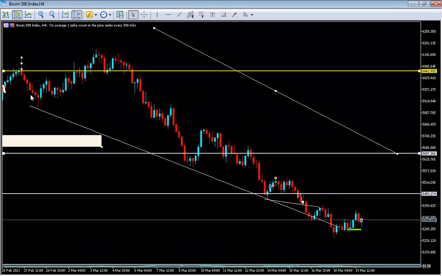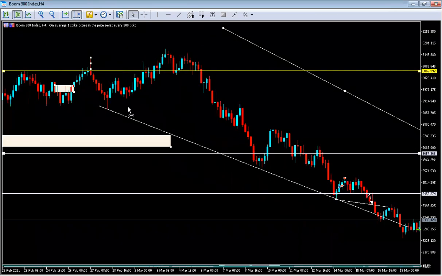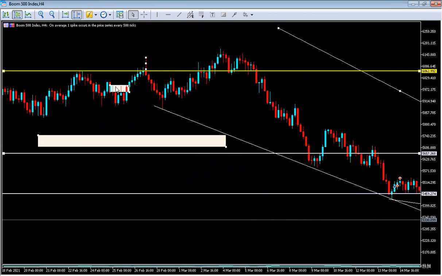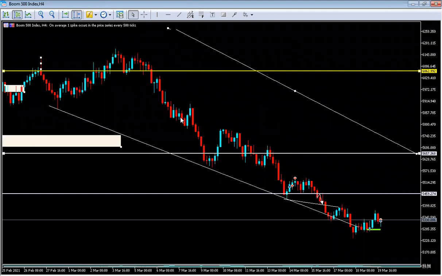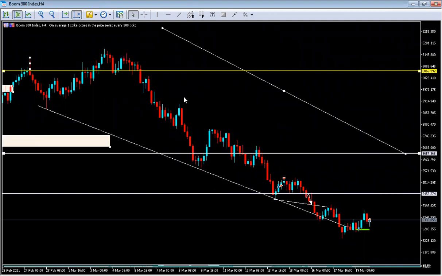Let's use this area. This is not the zone I was looking for. Let me use this area now.